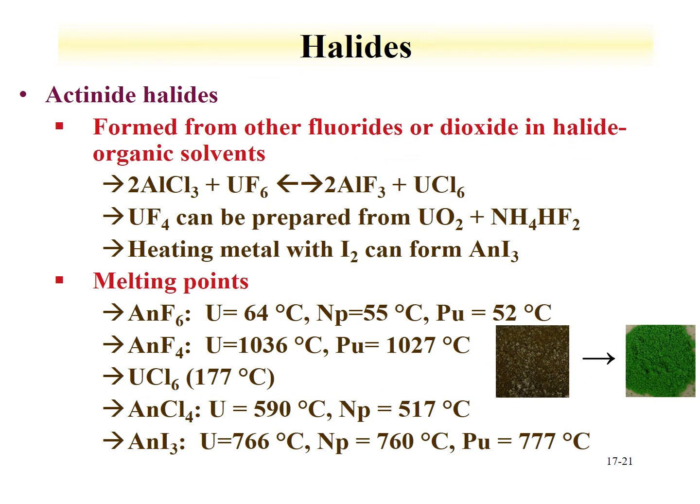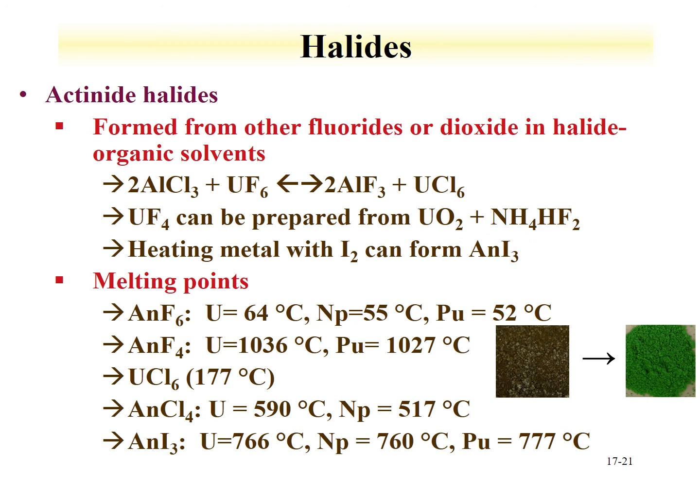Some routes for forming actinide halides are shown below. One route, you have an exchange of fluorine with chlorine using aluminum chloride as the chlorinating agent, and you make the uranium hexachloride. In this route, the uranium fluorides can be prepared by UO2 reaction with ammonium bifluoride, or by heating metals with iodine you can form actinide triiodides.